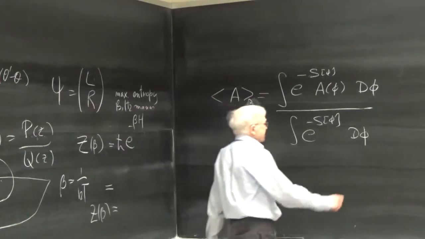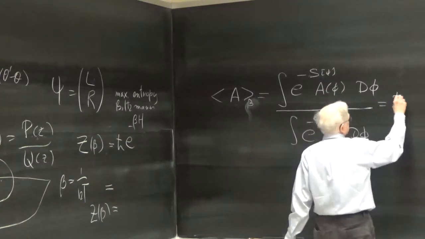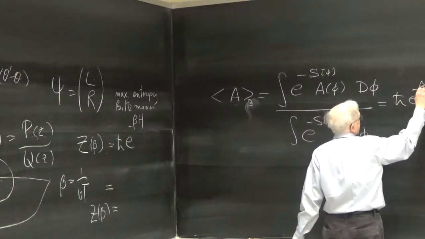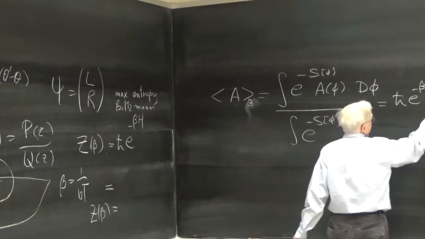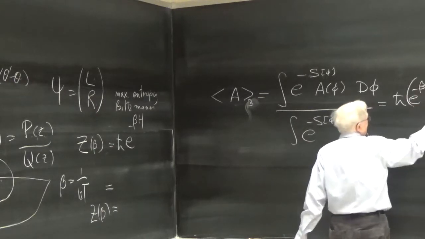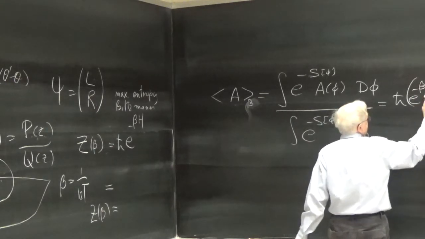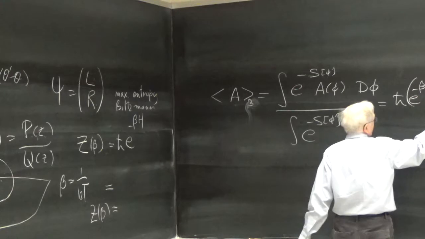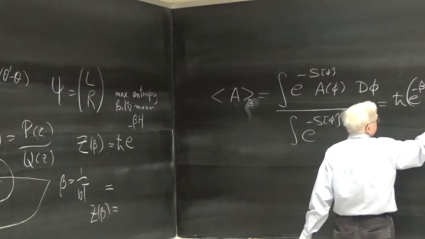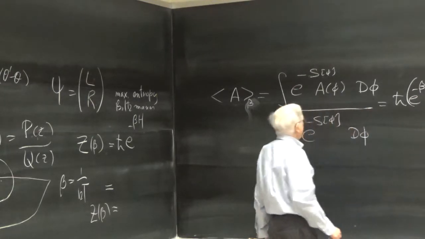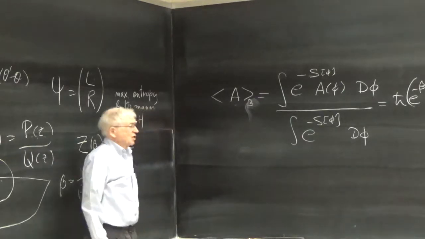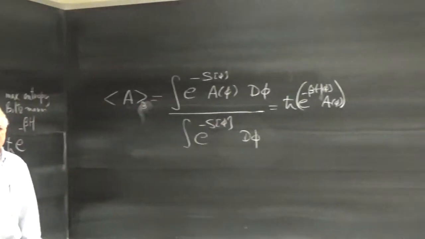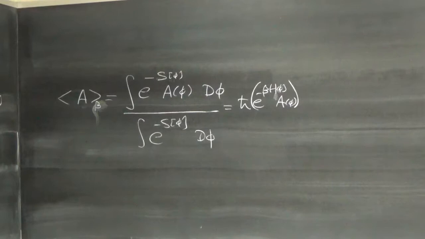And so this is the trace of e to the minus beta h times the operator A, where h is a function of phi, and so is A. So that's a ratio of two path integrals, and the path integrals are Euclidean space path integrals.